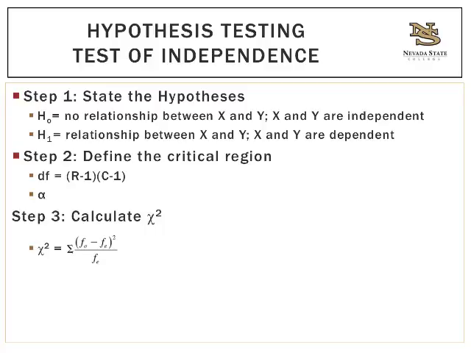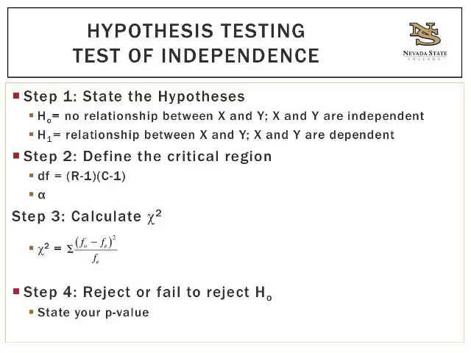Of course, how you calculate your expected frequencies is using your row frequencies and column frequencies. So we're going to practice that so that you can get the hang of it. And then you decide, just like always, whether you reject or fail to reject your null hypothesis, and you want to state your p-value.